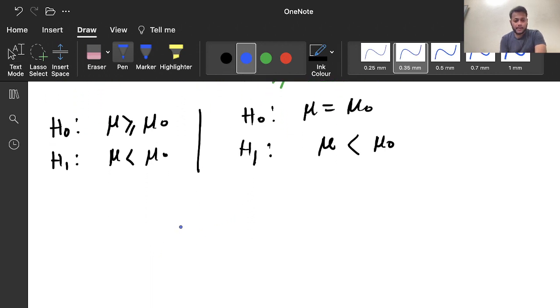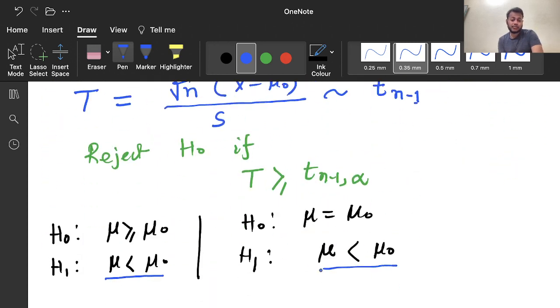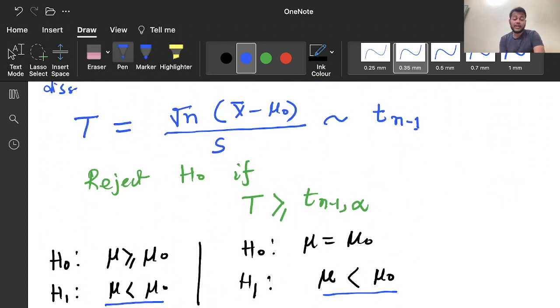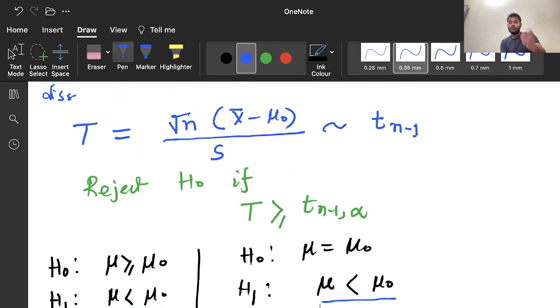Okay. Now, since you know my alternative hypothesis, you can guess what my test should be. If it is greater than, my test will be greater than. So if it is less than, the test should be less than. And why less than? If it is lesser than the alpha percentage point of my distribution, which has mean mu 0, it will be well explained by the alternative hypothesis, or rather the explanation from the null hypothesis is not very good.